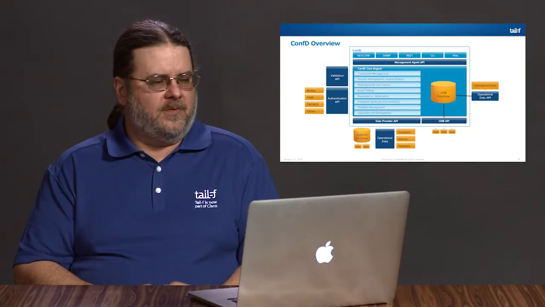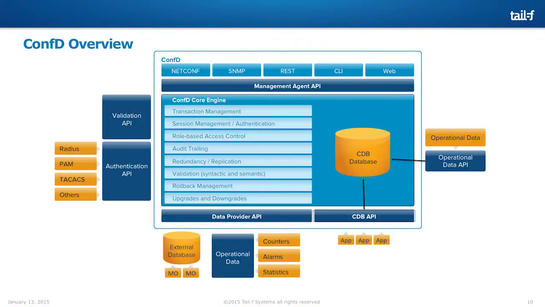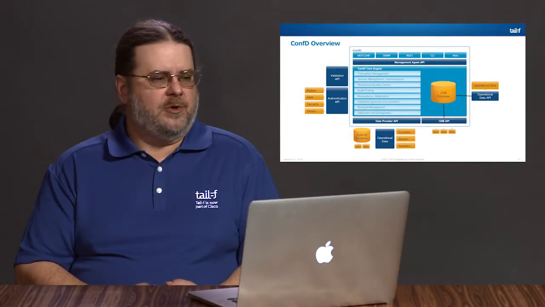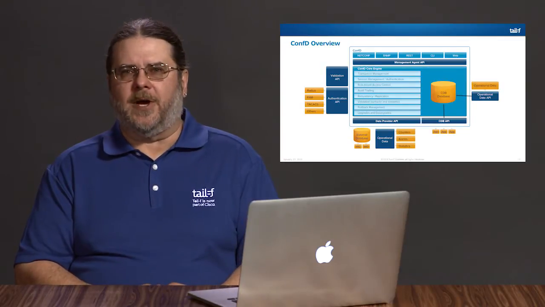An important part of the transaction-based system is, of course, also rollback management. Sometimes you may have been reconfiguring the system, but you need to undo transactions, revert your configuration to a previous point in time. ConfD provides that rollback support. One of the nice things about ConfD is your instrumentation code does not need to know it's a rollback.